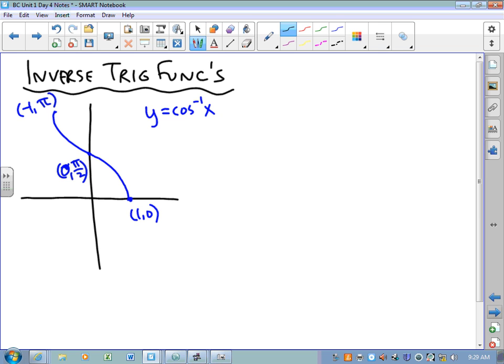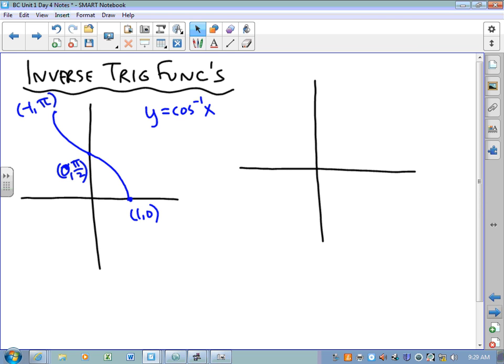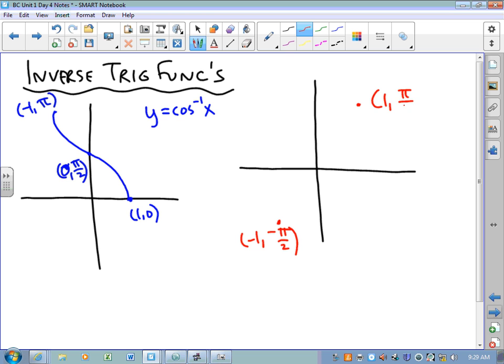The inverse sine graph looks similar, comes from a similar pattern. We cut off here at -pi over 2 and pi over 2. That allows us to have a one-to-one function, and so the inverse sine graph looks like that.